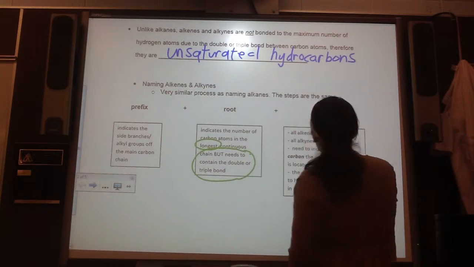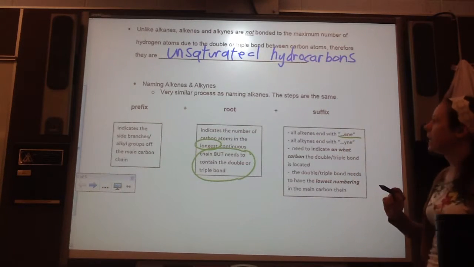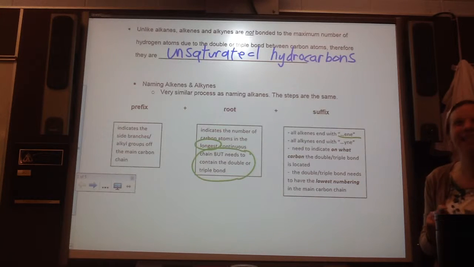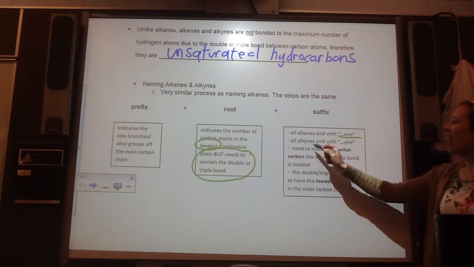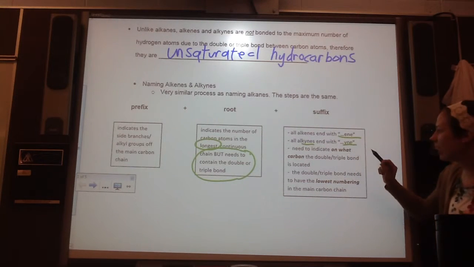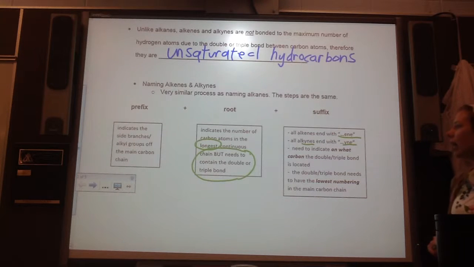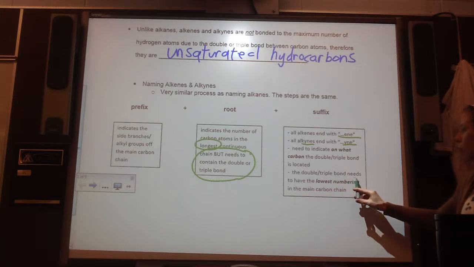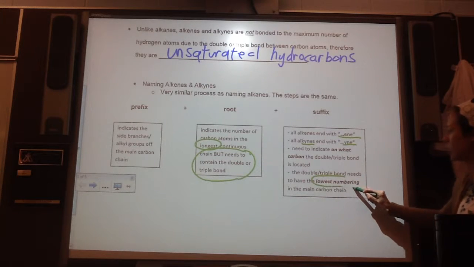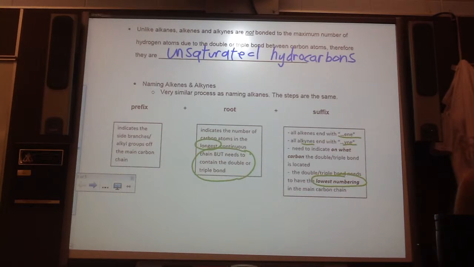Alkenes end with -ene, alkynes end with -yne. You need to indicate on what carbon the double and triple bond is located, and it needs to have the lowest numbering in the main carbon chain.